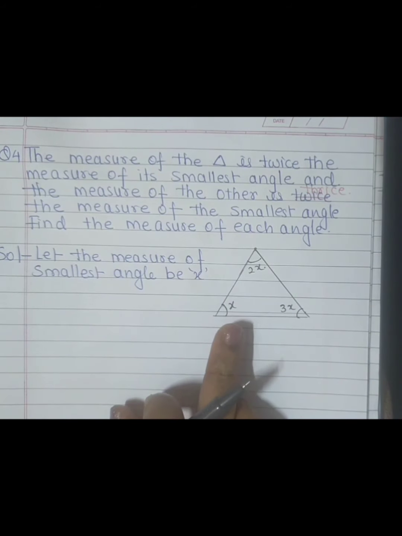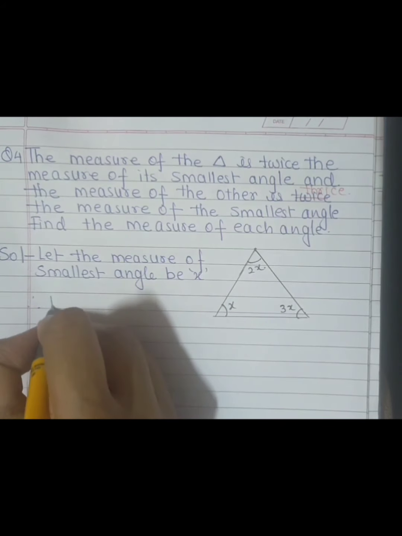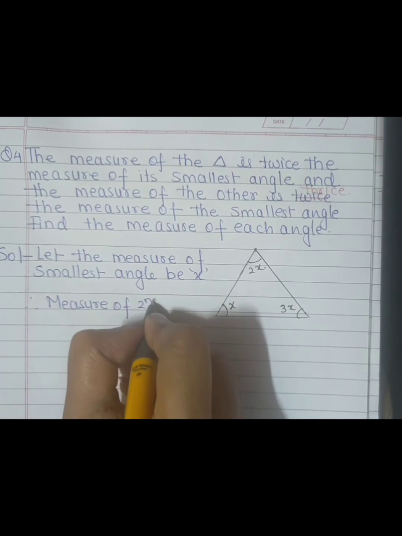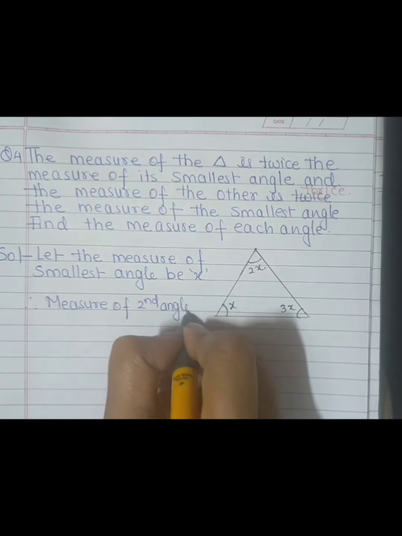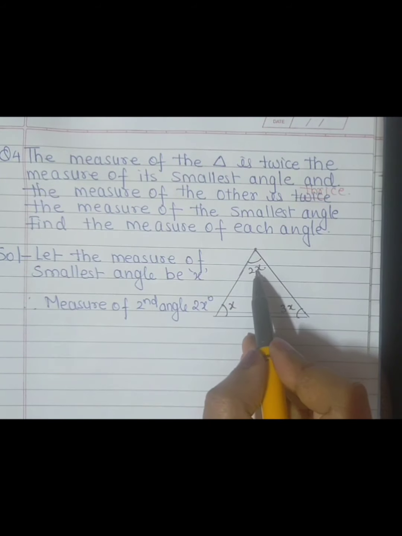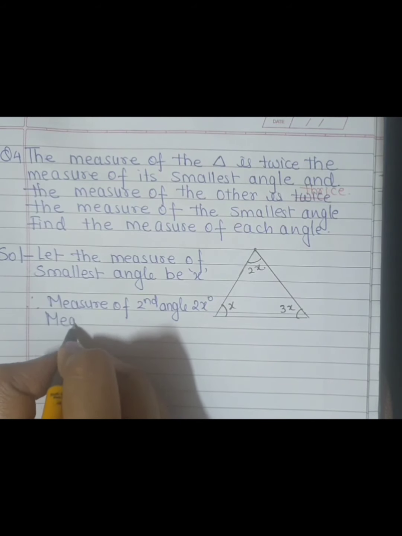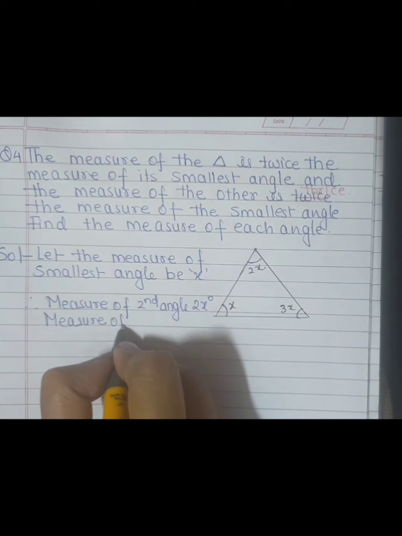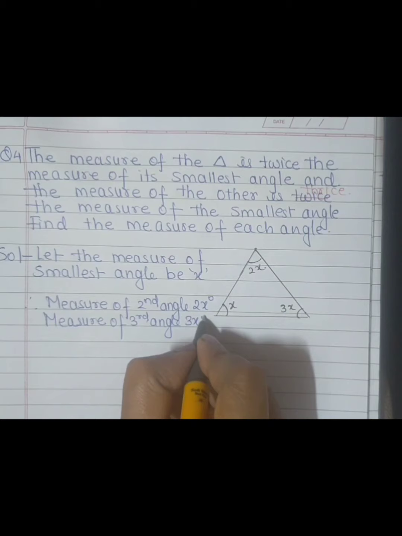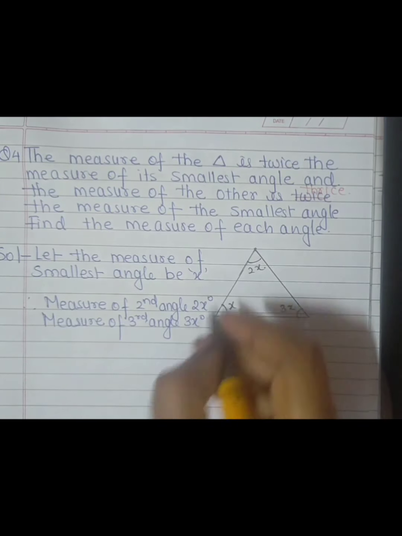Therefore the measure of the second angle is 2x degree, and the measure of the third angle is 3x degree.